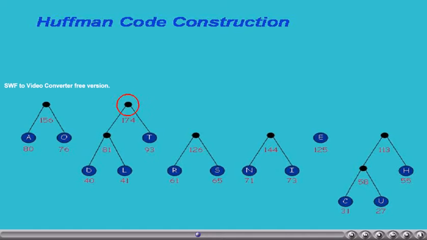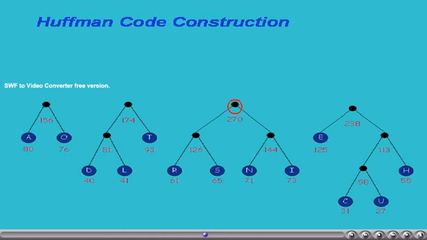Now a new node is formed by joining 81 and T, that is 93, giving an internal node with frequency 174. Now the node E and the internal node with 113 are added, giving rise to another internal node with 238.